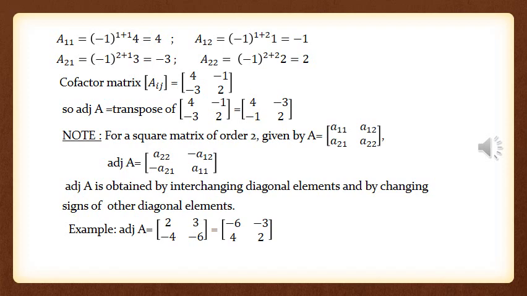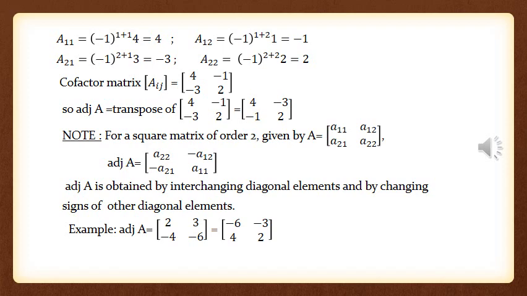Now the cofactor of the second element, that is 3. Second element 3 is denoted by A12, equal to negative 1 raised to 1 plus 2 into the determinant obtained by deleting the row and column where 3 lies, that is 1, that is equal to negative 1.